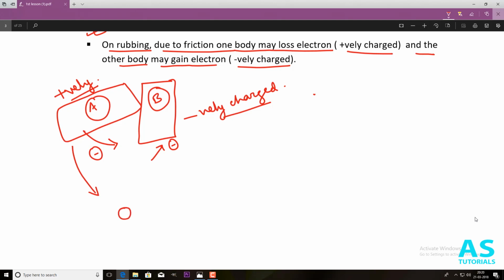For example, this is the nucleus and these are the orbits of the electrons. And if this material has loosely bound electrons, these are the electrons which are transferred during rubbing. And this transfer of electrons usually takes place in the case of insulators.